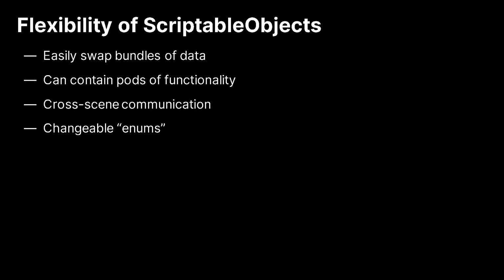So scriptable objects we've used for many different purposes. The most basic of which is easily swapping bundles of data. So configurations for components that control how they behave. If you put them into a scriptable object, you can just hot swap and change the functionality quite quickly.